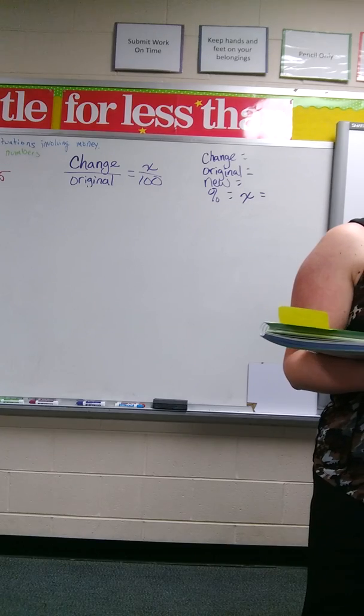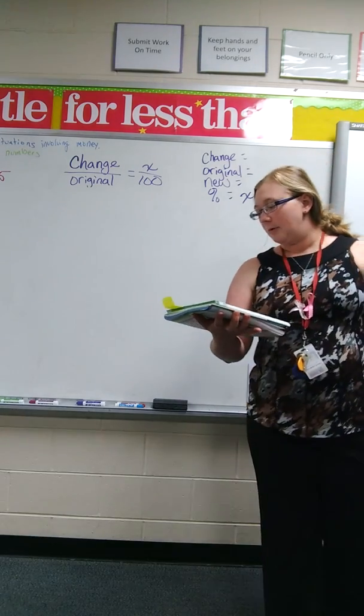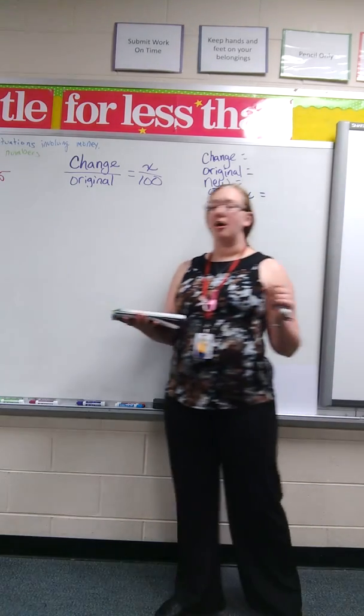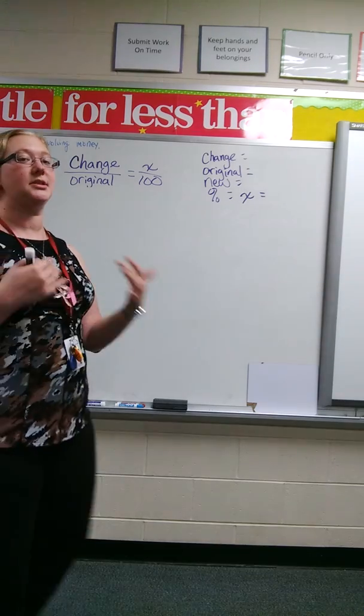The actual distance should be 15 feet. We want to find the percent of error. So how far off was he? But I don't want to know how many feet he was off. I want to know what percentage he was off. What is that percent error?